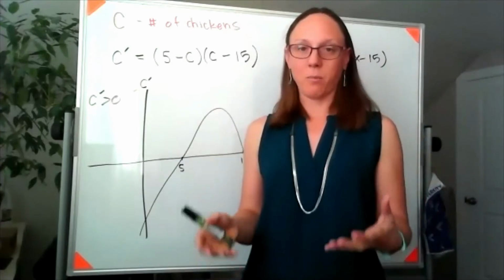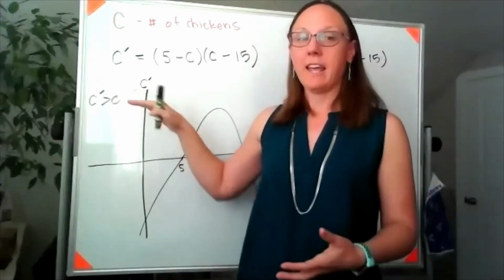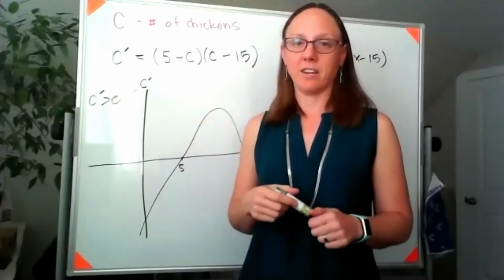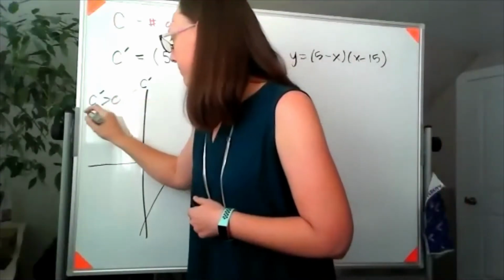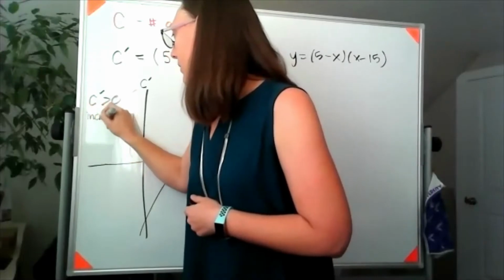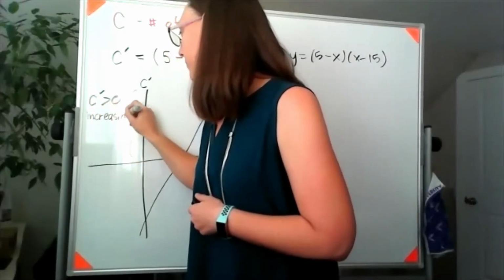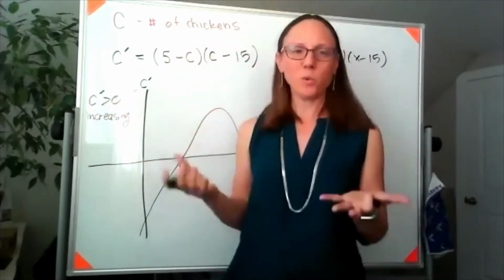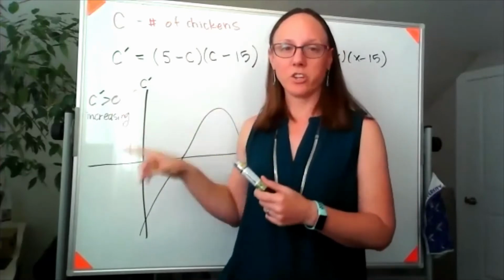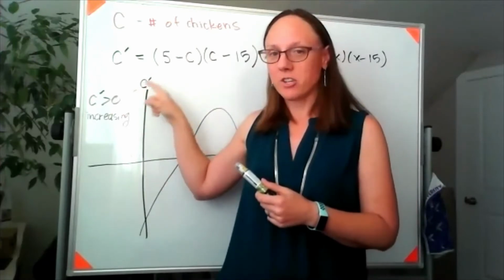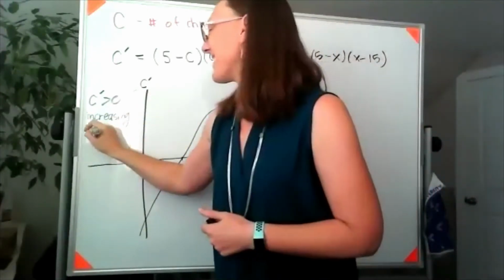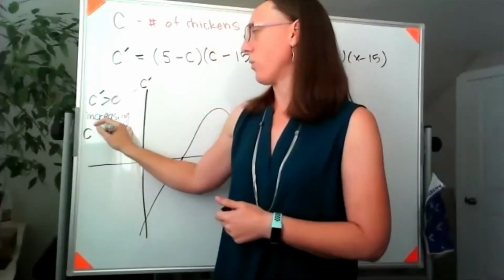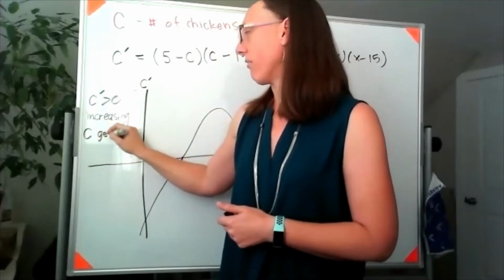Now from our 17A knowledge, if our derivative is greater than 0, then we know the function's increasing. But the question is, who's increasing? Well, the thing that we took the derivative of. Since we took the derivative of C, that means that C is increasing, or C is getting bigger.